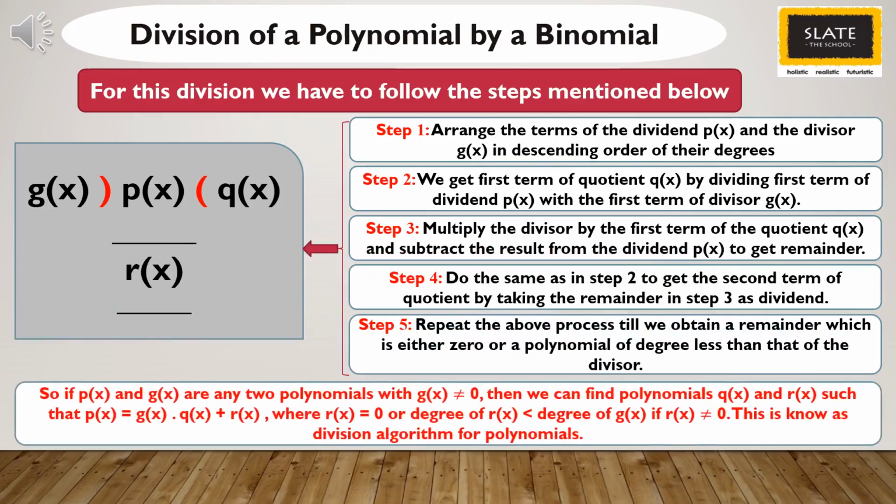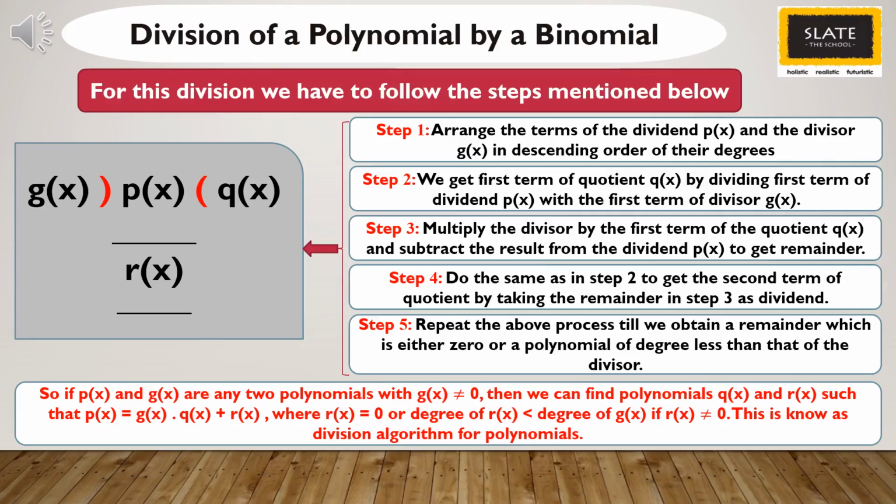So, if p of x and g of x are any two polynomials with g of x not equal to 0, then we can find polynomials q of x and r of x such that p of x equal to g of x into q of x plus r of x.